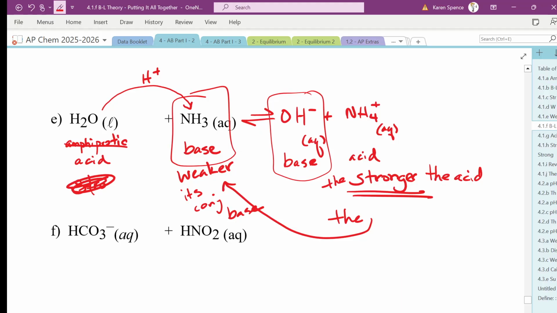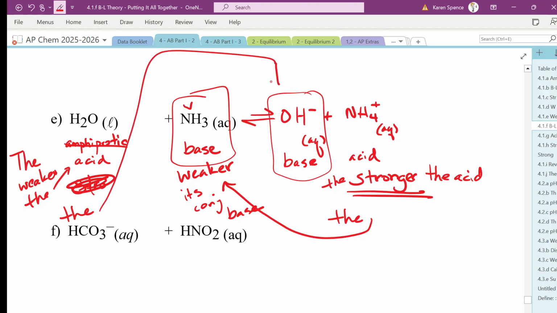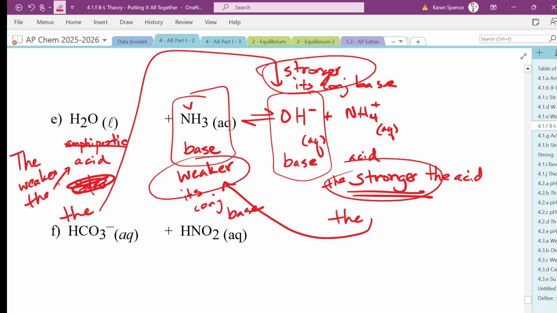So that means that this is the weaker acid, and the weaker the acid, the stronger its conjugate base, which means that you have the stronger and the weaker, and that's always going to be true.